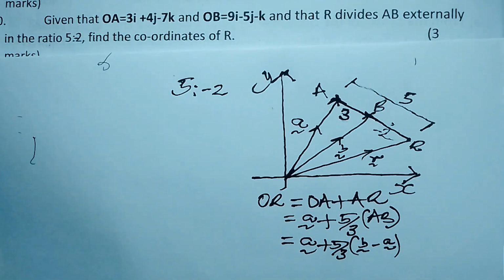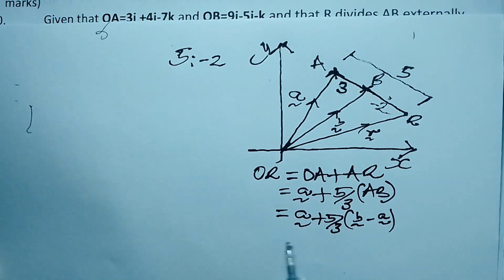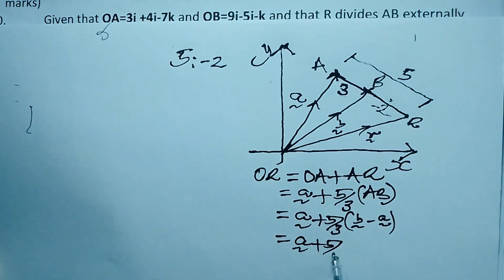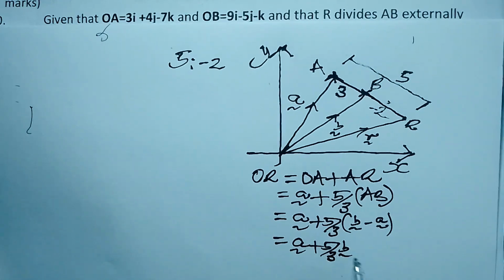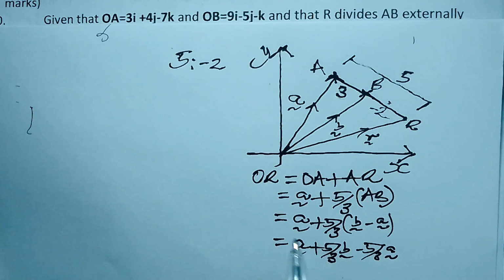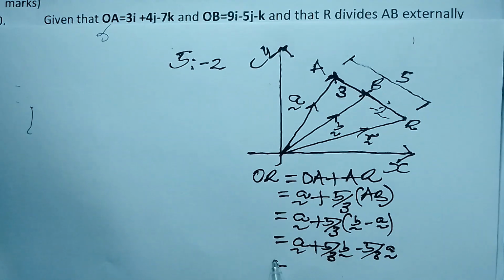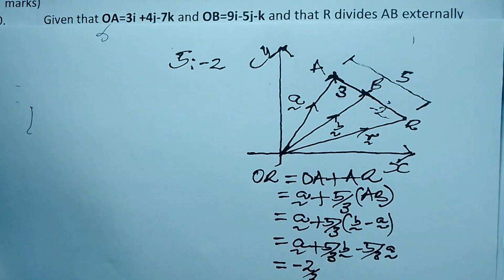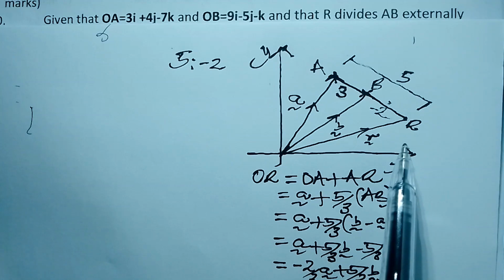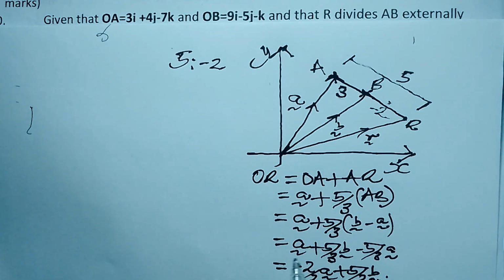When we open the brackets, this will be equivalent to vector A plus 5 over 3 vector B minus 5 over 3 vector A. When we collect like terms, this coefficient here is 1, so this is 3 over 3 vector A minus 5 over 3 vector A. So OR will be given by negative 2 over 3 vector A plus 5 over 3 vector B. And that is the position vector of OR itself.